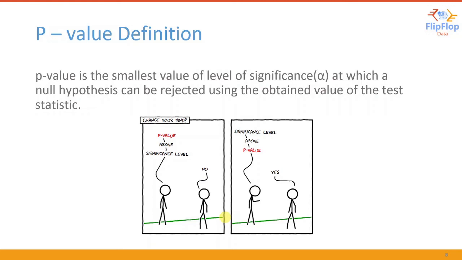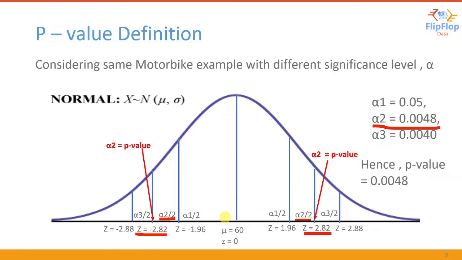So I'm considering the same motorbike example with different significance levels, and actually I am considering 3 significance levels over here, denoted as alpha 1, alpha 2 and alpha 3. Here alpha 1 is 0.05, alpha 2 is 0.0048 and alpha 3 is 0.0040.